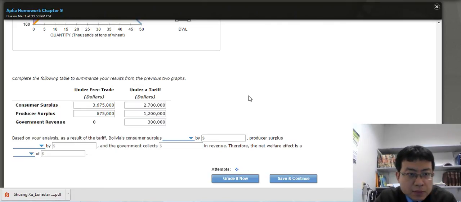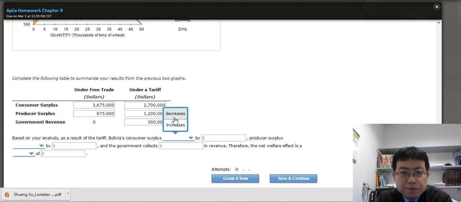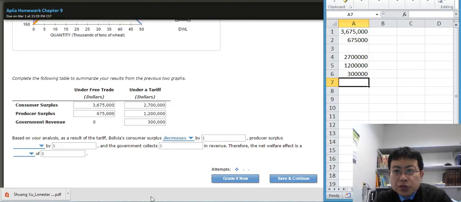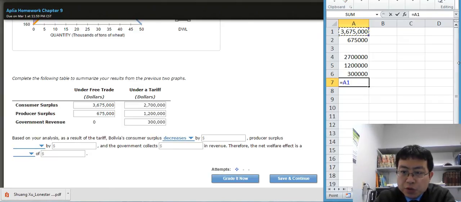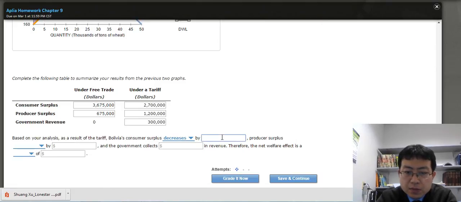All right. So based on the analysis, as a result of the tariff, Bolivia's consumer surplus, before with free trade, was $3.675 million. With the tariff it becomes 2.7 million. So it decreased. By how much? Let's use a calculator: 3.675 million minus 2.7 million, so it decreased by 975,000.